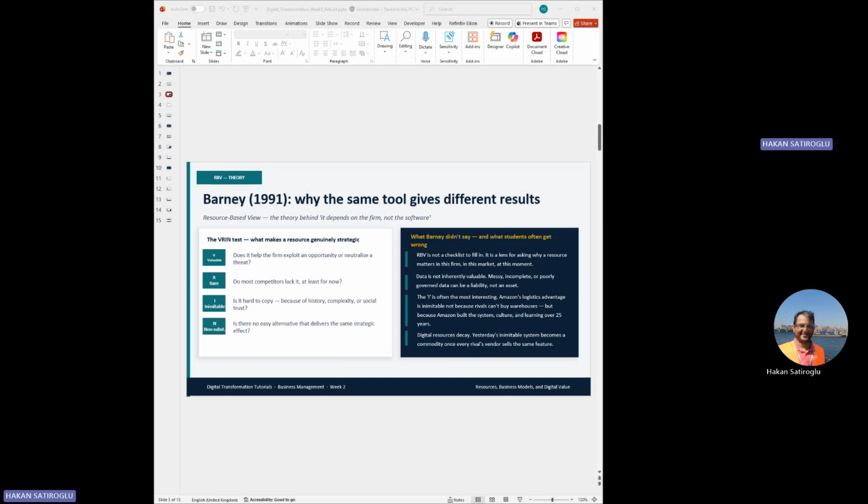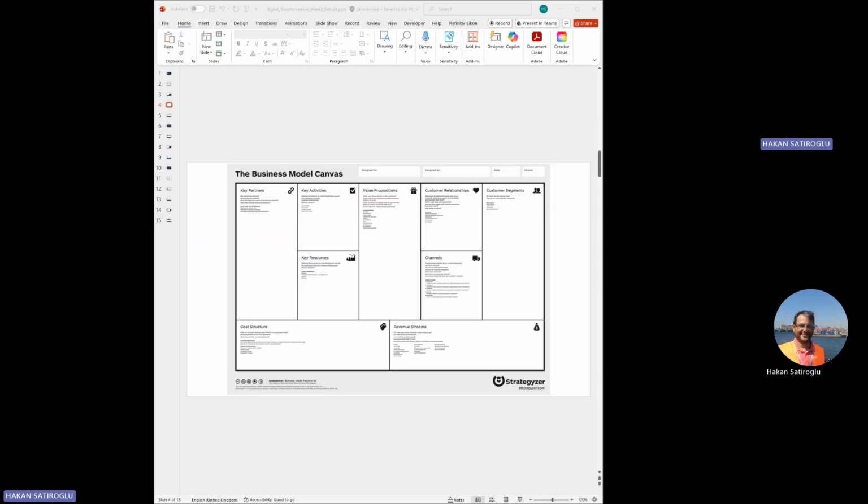So the next slide is about the business model canvas. We share this canvas with our students. It's really helpful. This slide is introducing the business model canvas, which is basically a one page way of understanding how a business works. Instead of reading a long case and getting lost in details, these tools help us break a firm down into the main parts: who it serves, what value it offers, how it delivers.